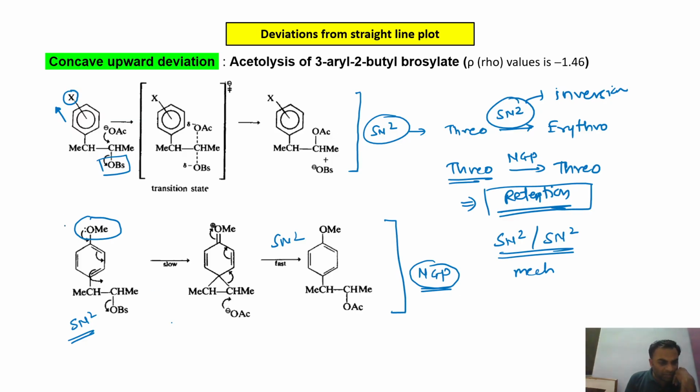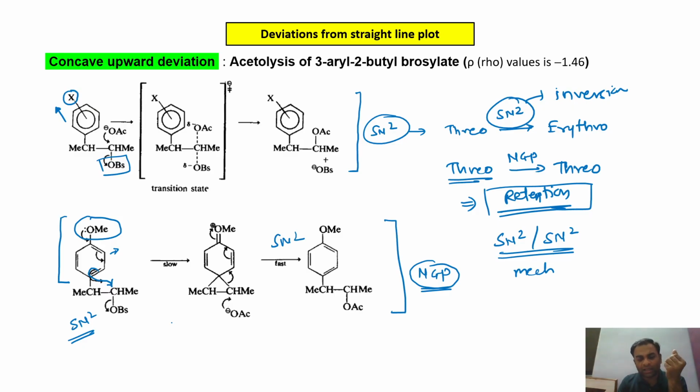But when X is not electron withdrawing, or is strongly electron donating, the phenyl ring becomes electron rich, and this pi electron density attacks the carbon bonded to OBS. In this way, some reactions show the SN2 mechanism and some show the NGP mechanism.